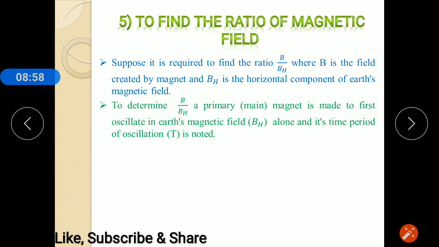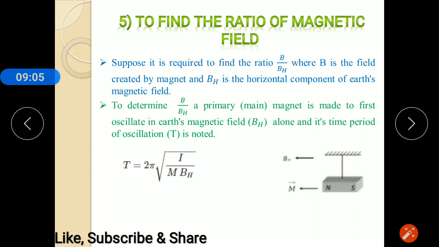Now how do we determine it? In the first condition, consider a primary magnet made to first oscillate in the earth's magnetic field. Take that primary magnet, disturb it in the earth's magnetic field and measure its time period. Whatever time period is measured, and the frequency, we note down.